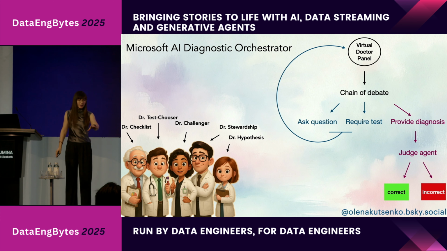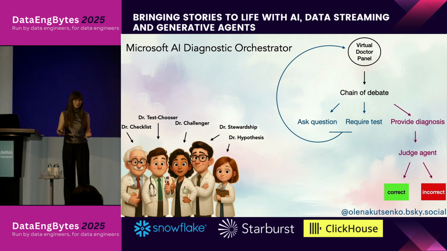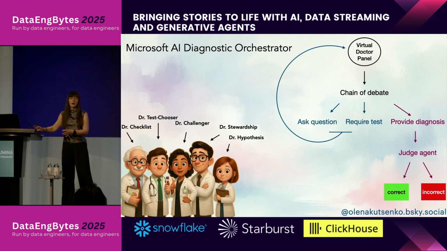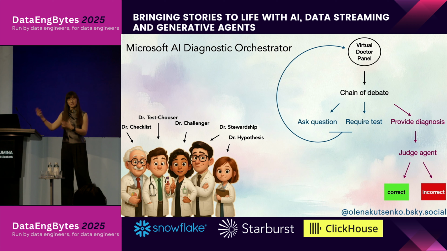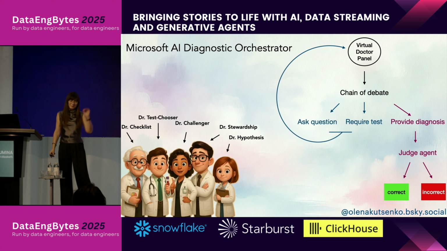In this paper, and I feel that this is still very relevant to how we can use LLMs to simulate things, I recommend reading the paper because it's super cool how they implemented it. They benchmarked it on the set of agents and also on real doctors. A normal physician without access to the internet can correctly solve 25% of cases, versus the panel of AI, which is up to 80%.